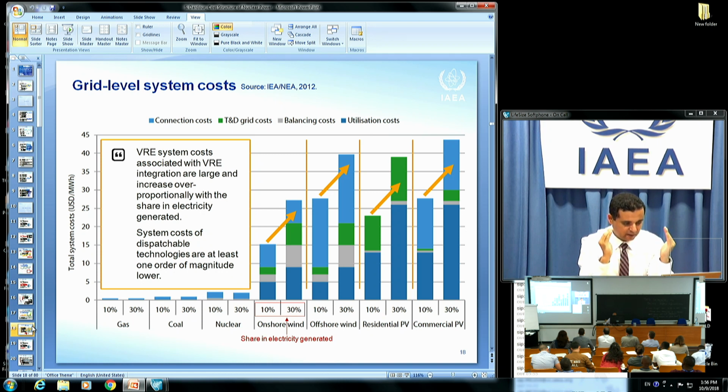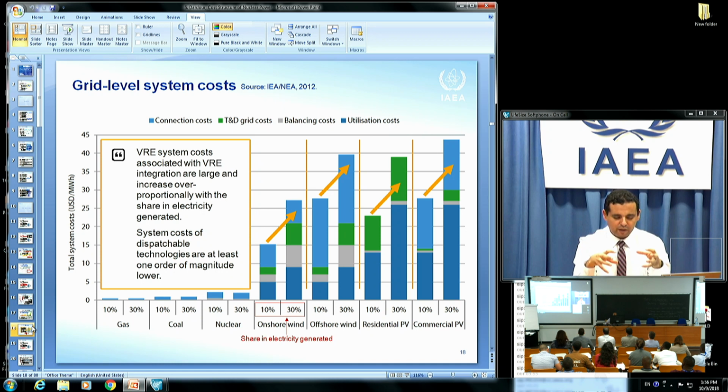Well, there has been a study by the OECD, which I also shared with you, that shows that the system costs, the costs induced by the introduction of such technologies at the grid level, increase with the share of electricity generated by these renewables, which is not the case for dispatchable technology, which means that if we take two projects achieving the same capacity of electricity production, we have offshore wind on one hand and, let's say, gas turbine on the other hand.